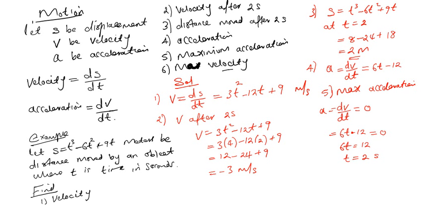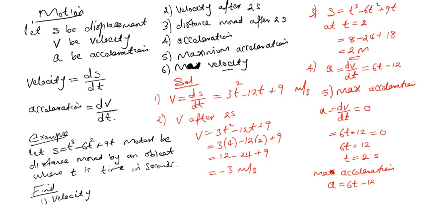So maximum acceleration therefore becomes, so maximum a is equals to 6t minus 12. Just a minute.